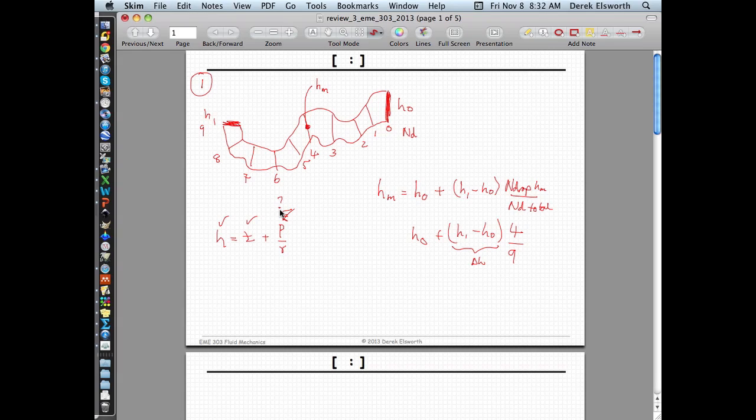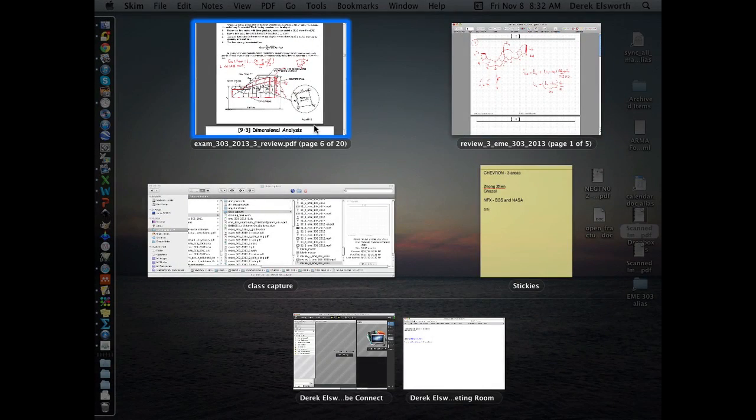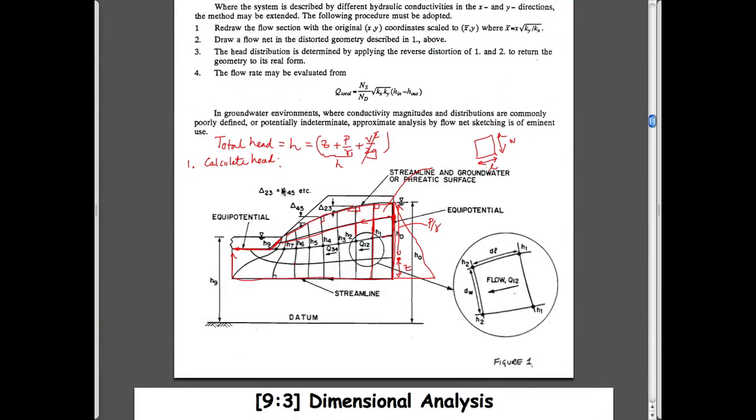So that's one calculation. The other calculation is that you might want to know how much fluid is going through here. So calculate flow.